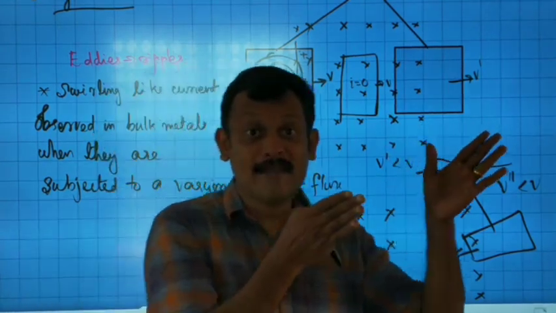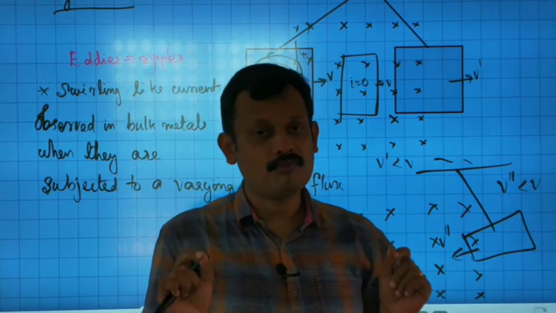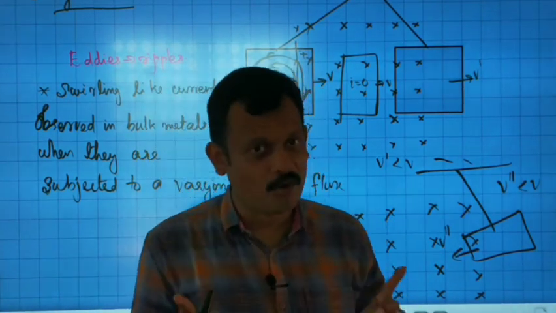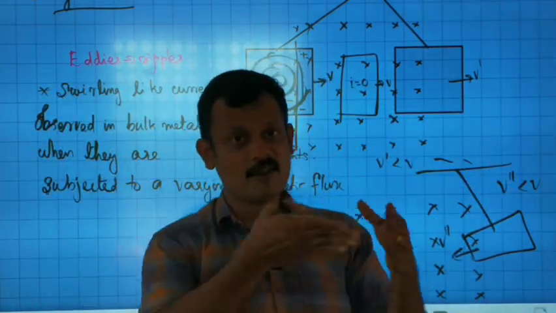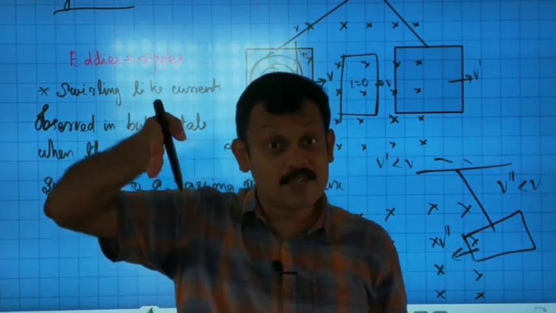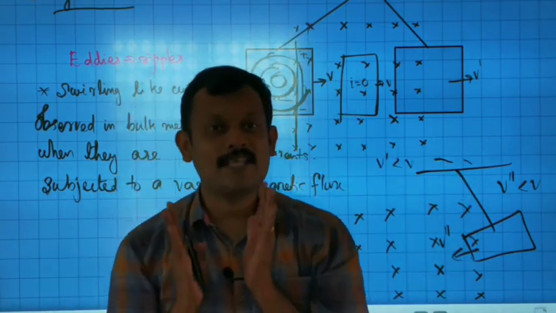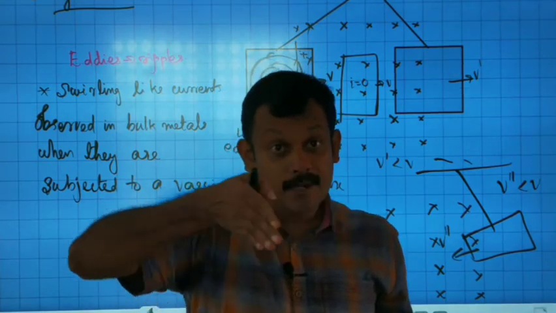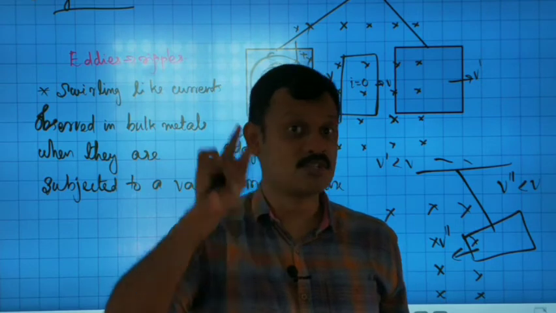So what ultimately happens during the oscillation of this plate? It will oscillate with a decreasing velocity, which means it will oscillate with a decreasing amplitude of oscillation, just like a simple pendulum oscillating in the presence of air resistance.